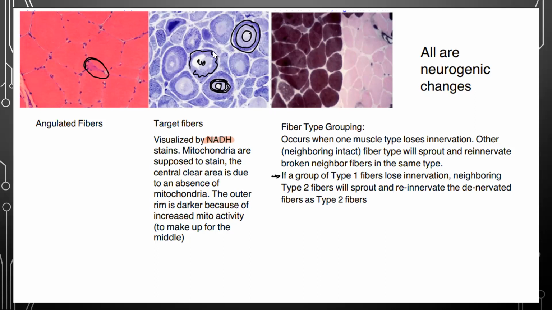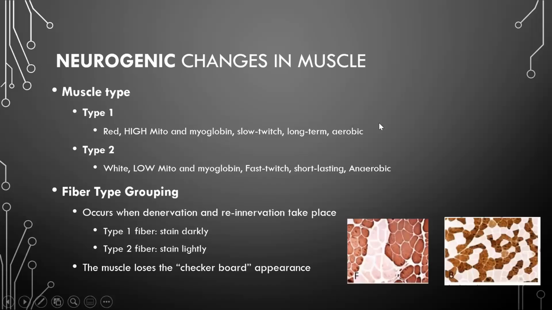Here are targetoid fibers. That's not really covered where we are, and angulated fibers might just come up once. We don't have these pictures in our SDL, but I just wanted to make that point, especially with the fiber type grouping. So neurogenic, you have the type 1, type 2, you got the red, high mitochondria, myoglobin, slow twitch, long-term aerobic.